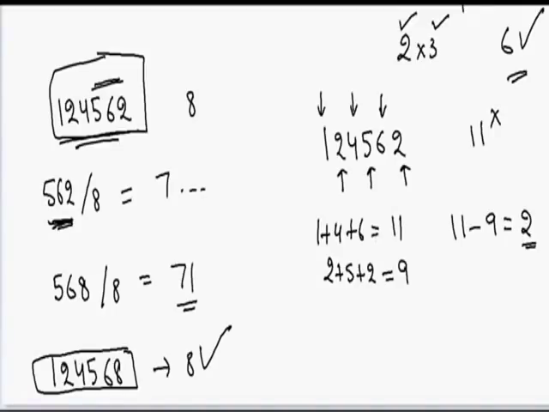Suppose we have a large number, 2314, and we want to divide it by 9 and know what the remainder would be. How will we find the remainder?